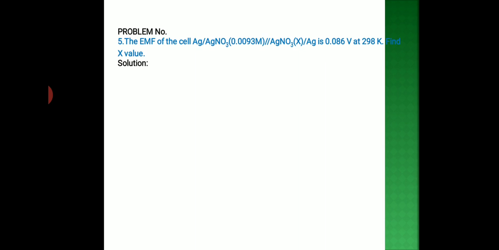Okay, first we'll identify the given things. E cell is equal to 0.086 volts, given in the problem. Then n is equal to 1. Why is n equal to 1? Because in silver nitrate, Ag is in the +1 oxidation state and NO3 is -1.